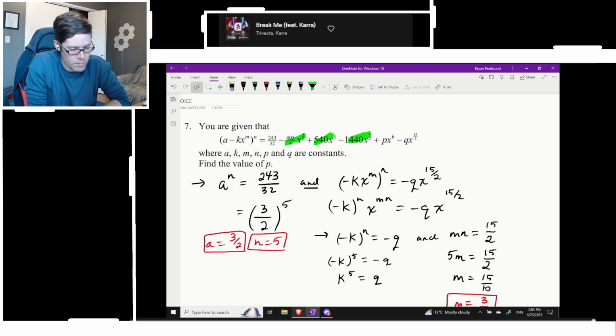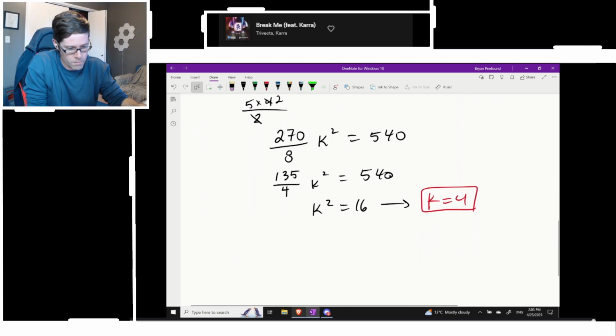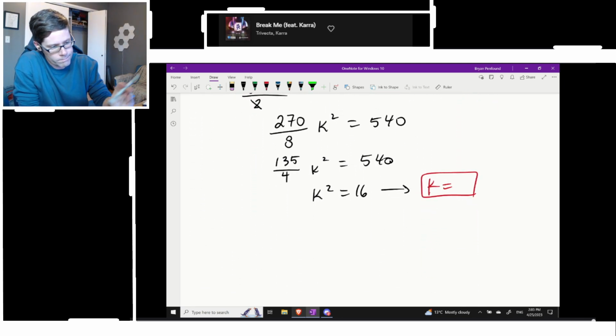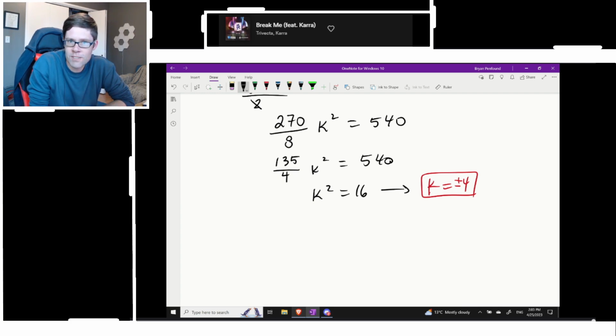Well, I guess it could be negative 4, depending on what the value of q is. That just means q is going to be a negative number, right? So k technically, I guess, could be 2 different possibilities. Plus or minus 1. Whew. It's getting spicy in here.